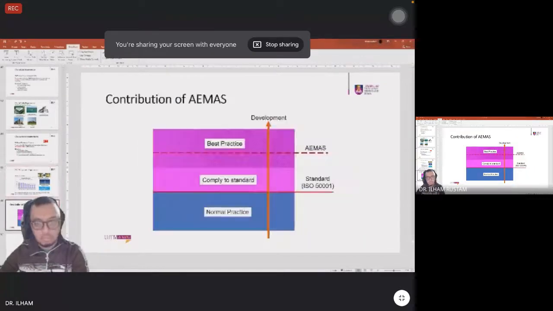Okay, so this is where AMAS comes in. AMAS not only covers normal practice, which is the typical way of doing things, it also covers the standard introduced by ISO 50001, the best practices, and the development, making sure that everything is being developed.